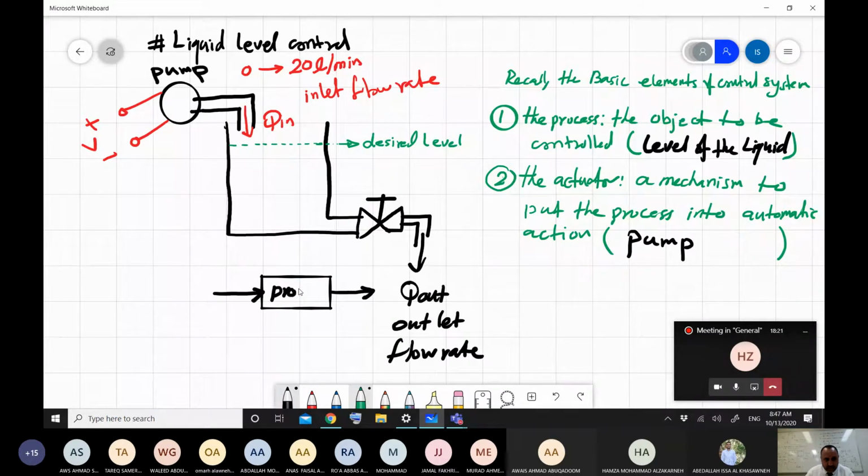This is the process. And we know that the output from the process is the actual output, correct? Which is here what? The actual level. The output of the process is the actual level.